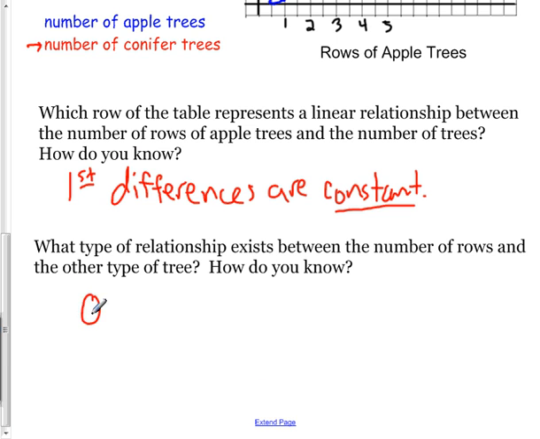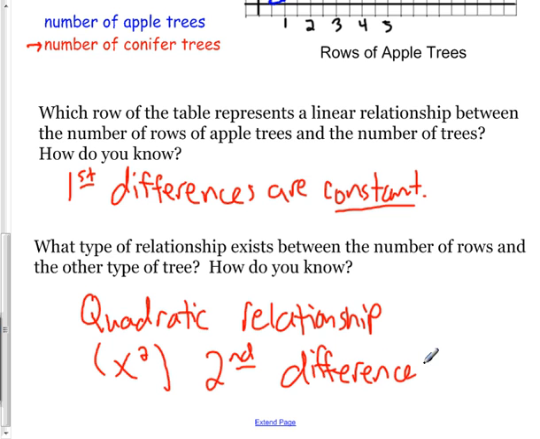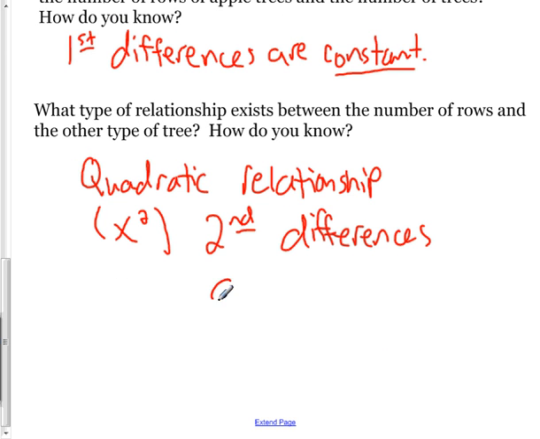So this is a quadratic relationship. And it's quadratic because quadratic means like an x squared or an n squared. And that's because the second differences are constant.